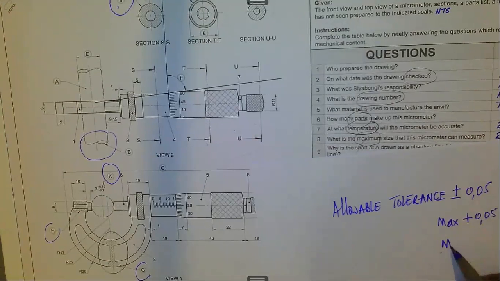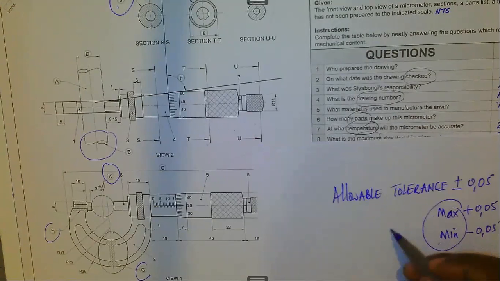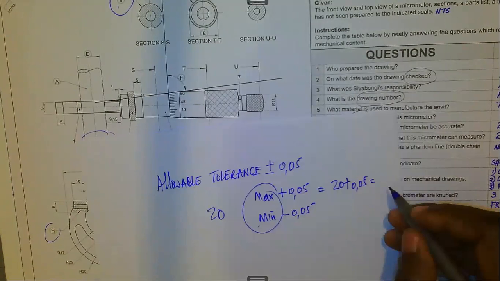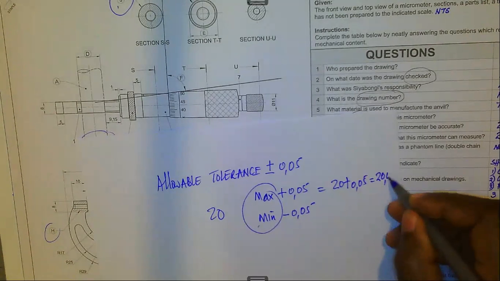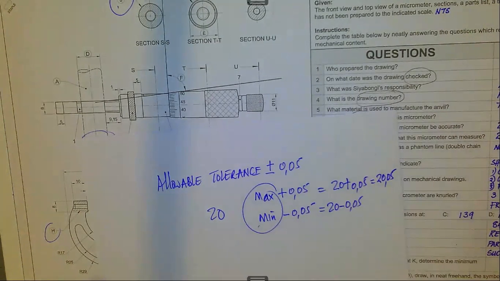Given the size, say the size is 20, if it is maximum you say 20 plus 0.05, which gives you 20.05. If it is minimum, you say 20 minus 0.05, which gives you 19.95.